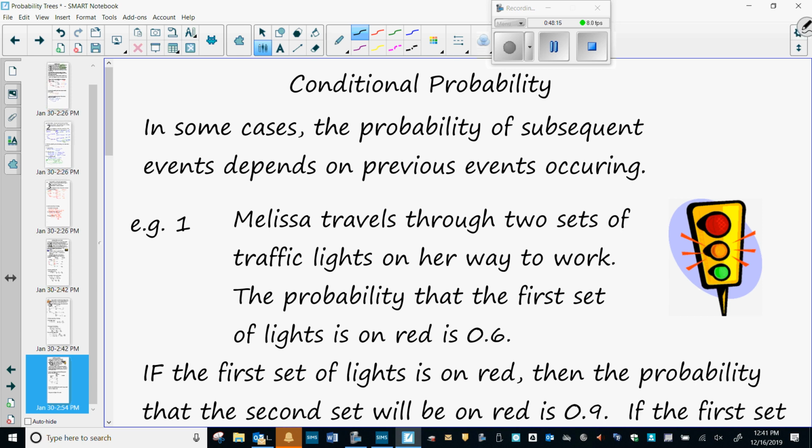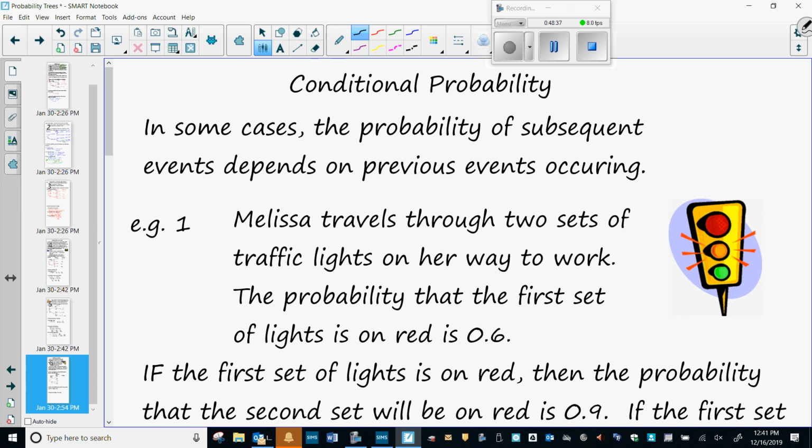A good example is if you're playing sports. The probability that you win one match, if you're a tennis player, probably means you have a good chance of winning the second one as well. So if you win one, you're more likely to win the second one. It's all probability.